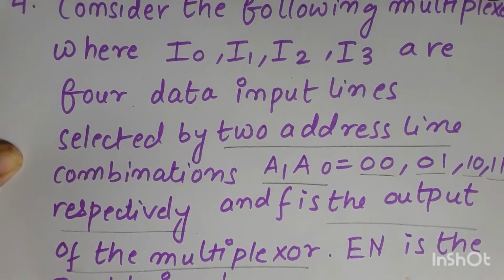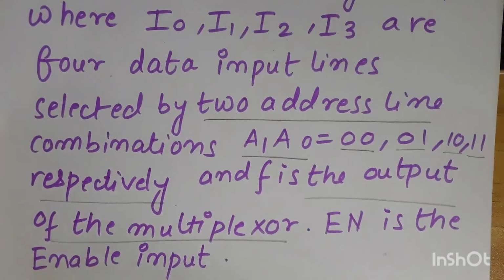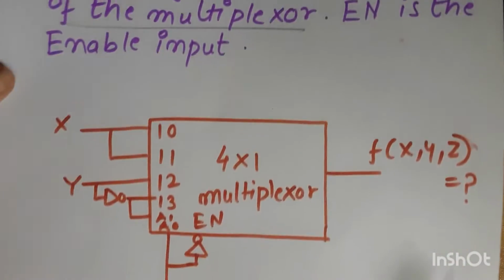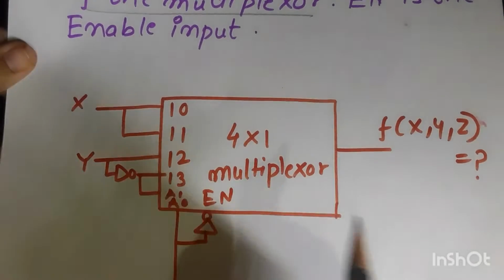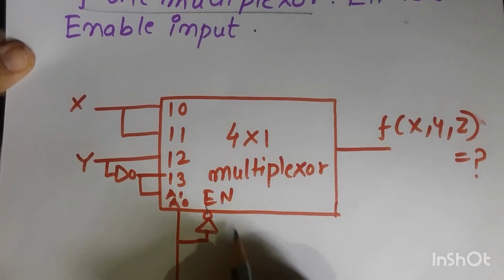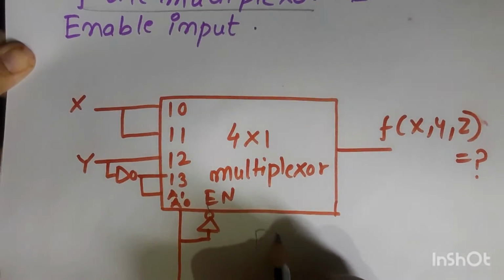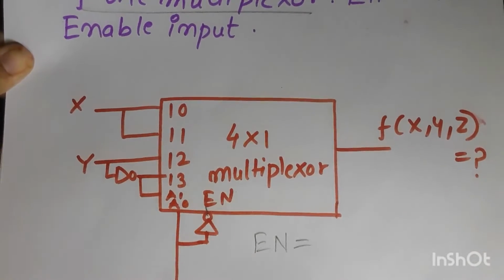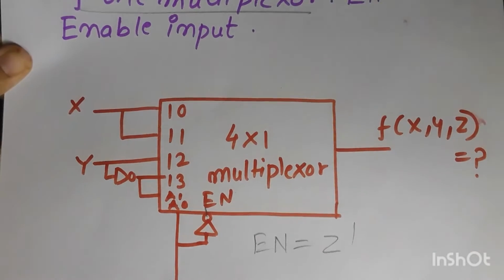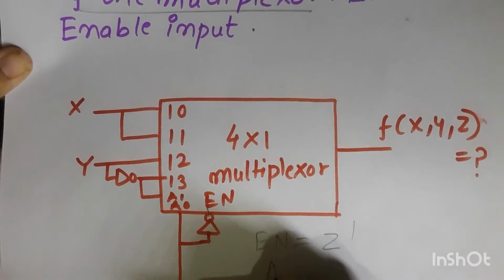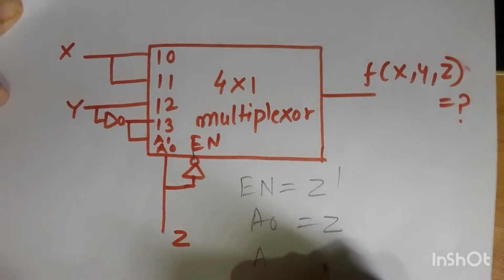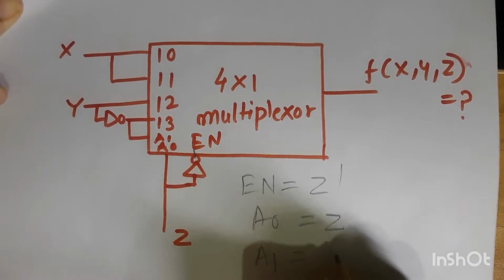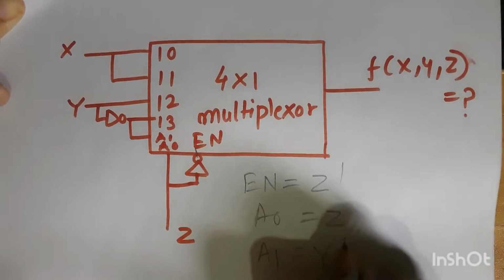The two address lines are the select lines, and En is the enable input, and here is the figure which has been provided. En is equal to Z dash. A0 is tied to Z. A1 is tied to Y bar.